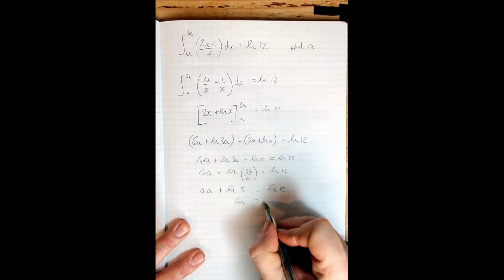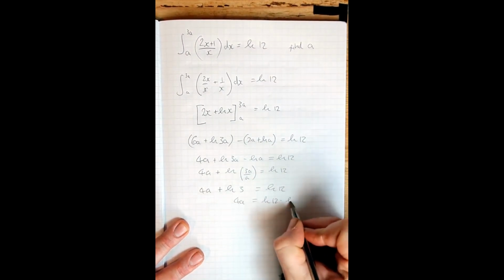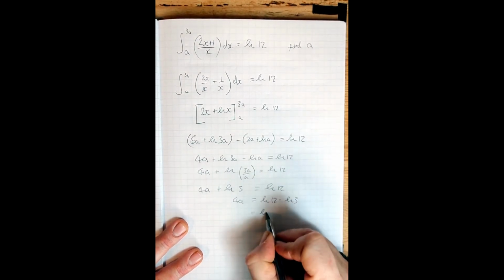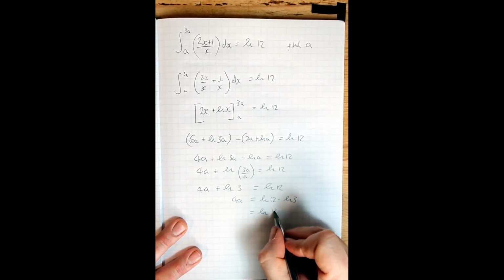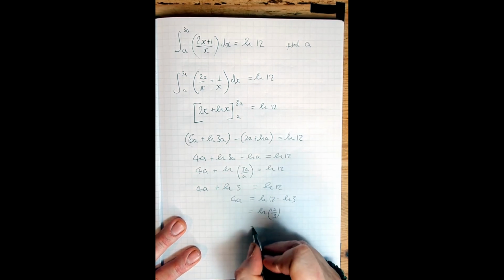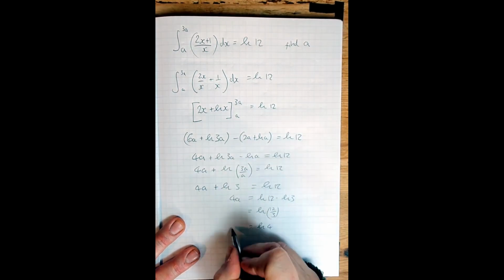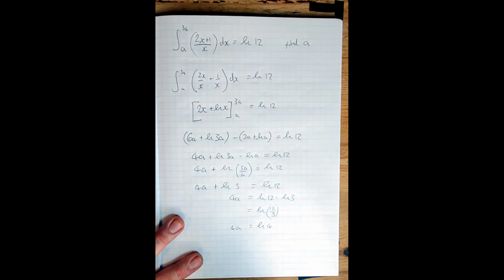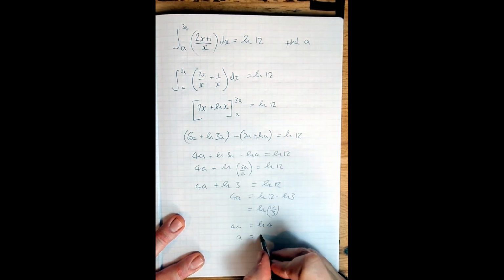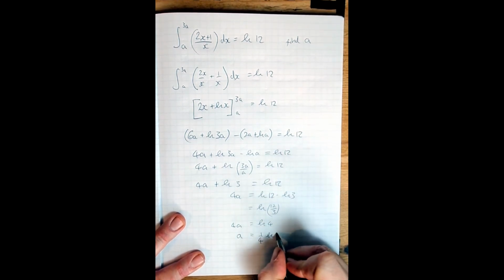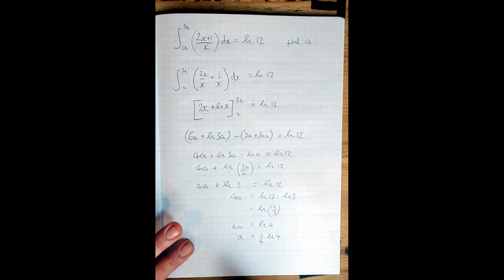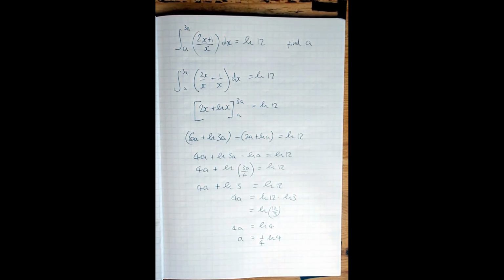So 4a is log 12 minus log 3, which is log of 12 over 3. So 4a is log 4, so a is a quarter log 4, or if you prefer, log 4 over 4. Of course, they're the same thing.